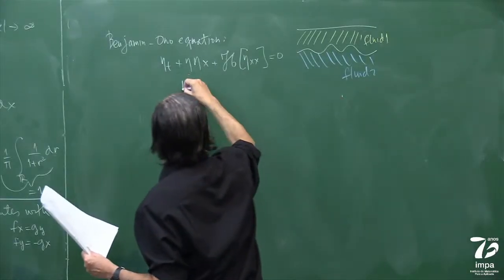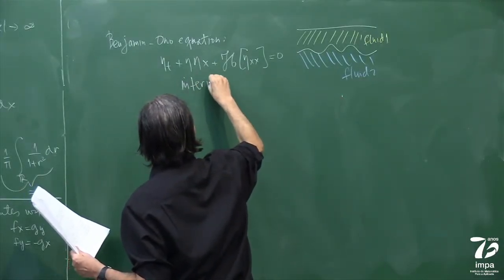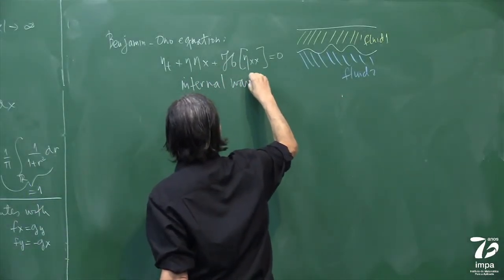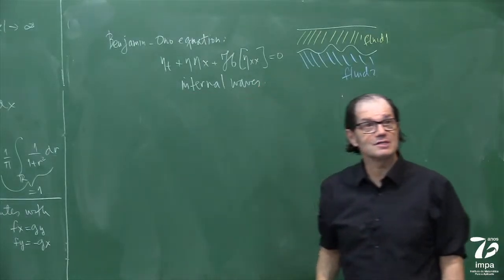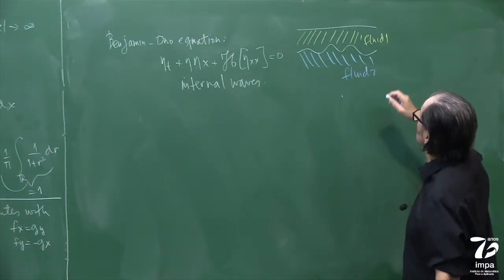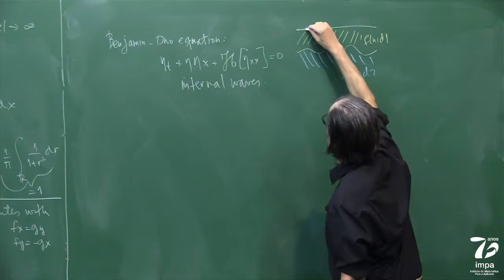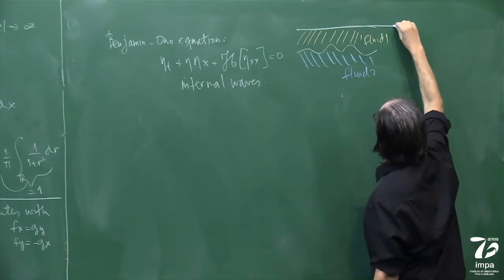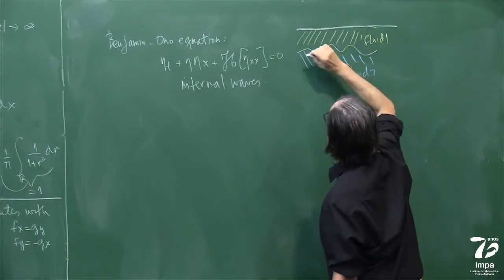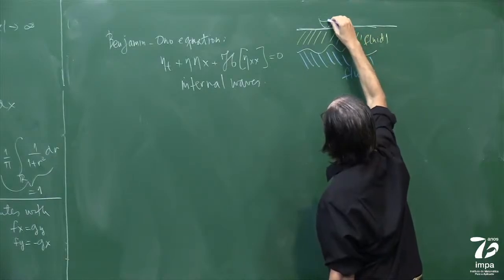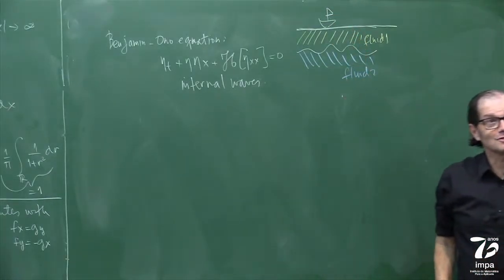And this is a model for what's called internal waves. So what are internal waves? In the ocean, this is sometimes the surface of the ocean. Let me put a little boat here so we know it's the surface of the ocean.